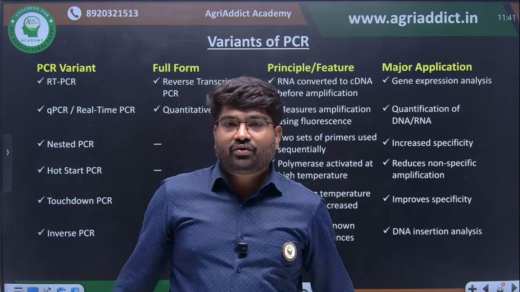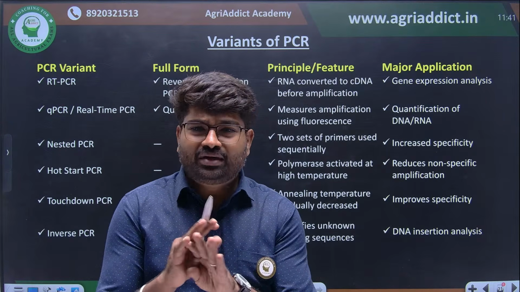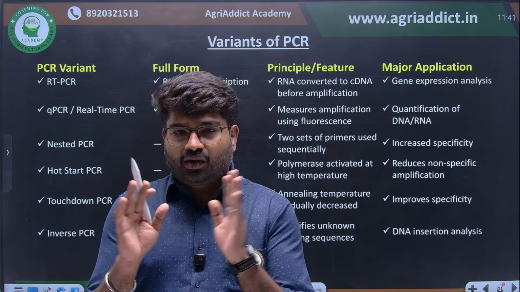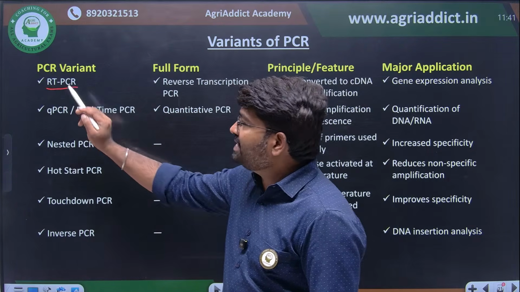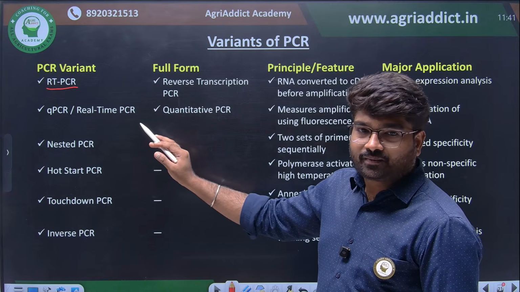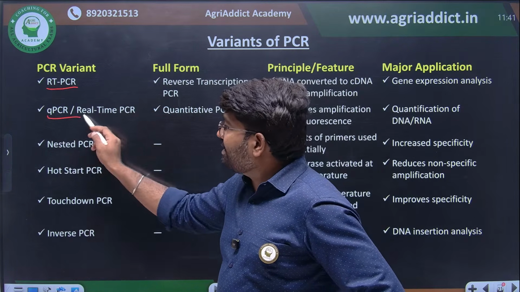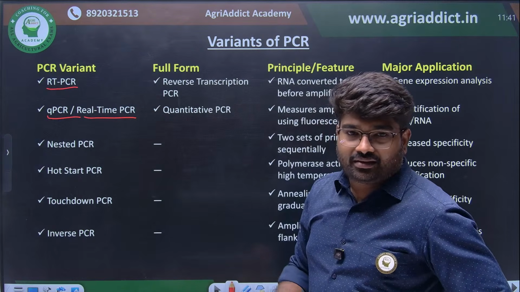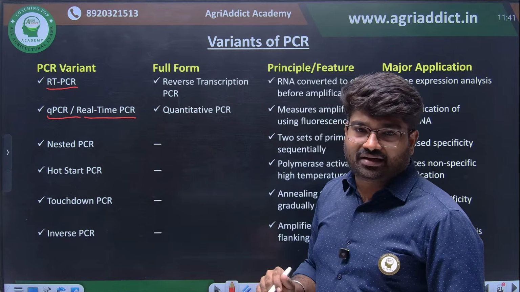Now the variants. We are not going to see the concept deeply, just what the different variants are. RT-PCR means reverse transcriptase PCR. qPCR, or real-time PCR, is where the expression of genes can be determined.